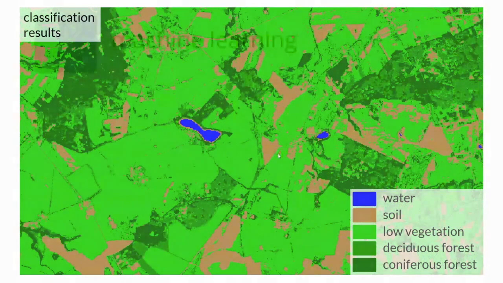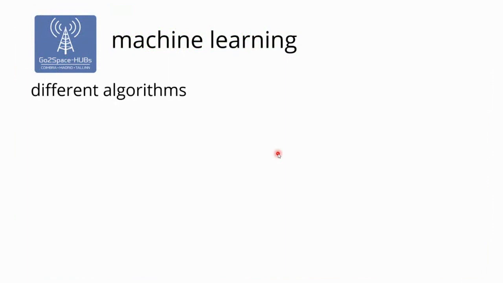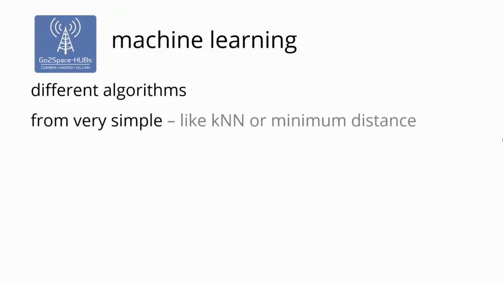Of course, there are a lot of different approaches, a lot of different algorithms. There are very simple algorithms like minimum distance or k nearest neighbors, which are very intuitive, but very ineffective. They base only on proximity as a sign of similarity.